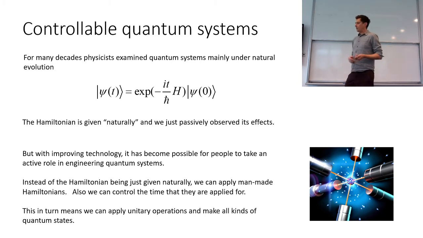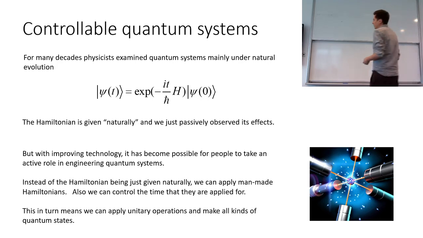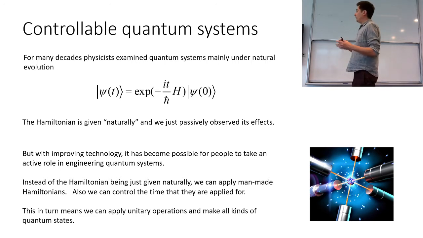But more recently, people have been able to control the Hamiltonian, and so people have been able to design this Hamiltonian and hence the type of evolution that a quantum system can be put into.